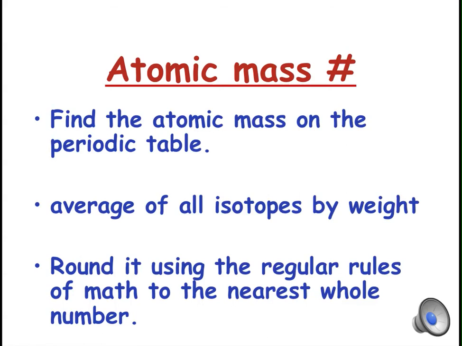If you look at hydrogen, it's 1.00 something, and then we have helium, and then we move on, so the mass is increasing for every element; it gets higher. There are 2 discrepancies in the periodic table, so maybe you can spend some time looking for those. We want to take that number and round it using the regular rules of math to the nearest whole number. That will give us the mass that we're using.